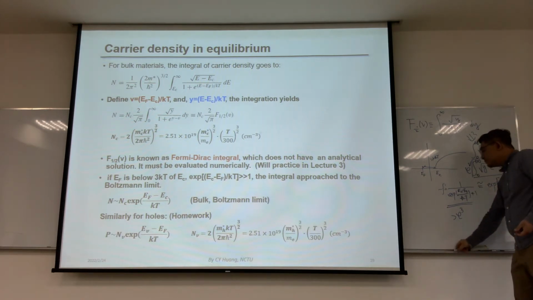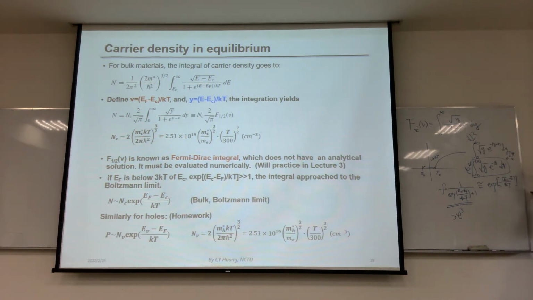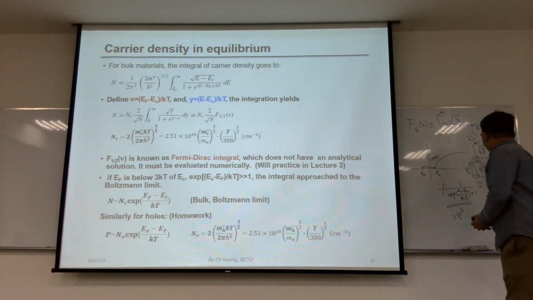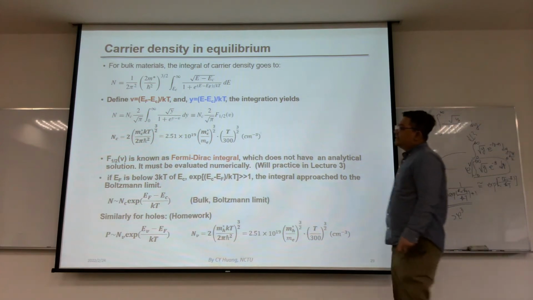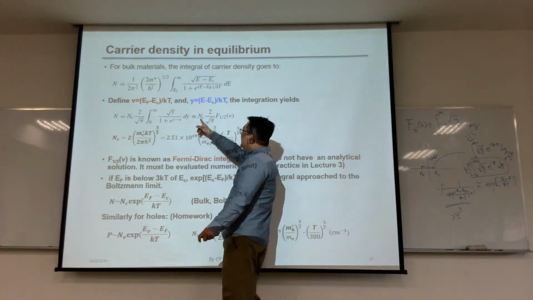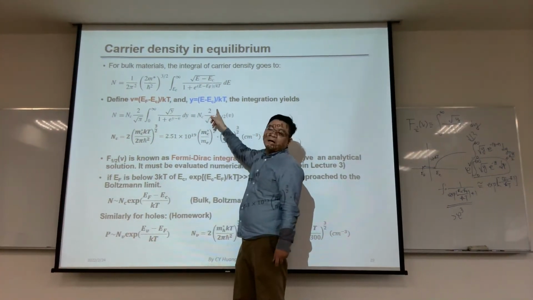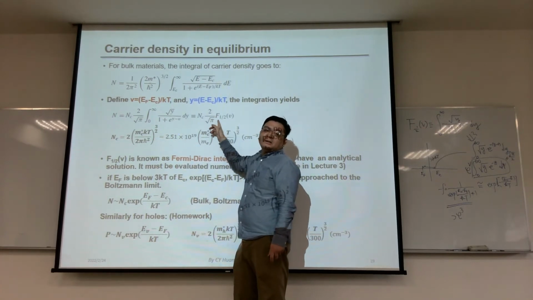This is solvable. You should learn it from calculus. So that's why we pull out the constant two over square root pi here.